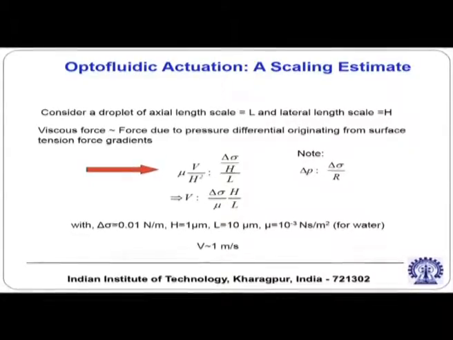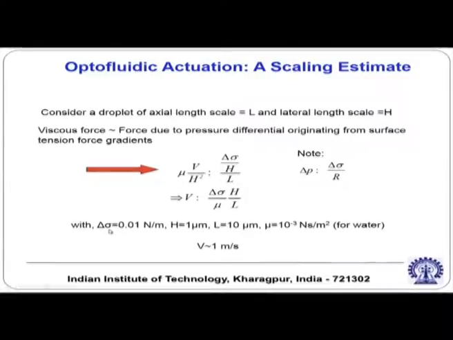So if you scale the viscous force with the surface tension force, these are orders of magnitude. The colon displayed wrongly in the slide is actually order of magnitude. So the viscous force scales with the surface tension force, and from that you can get a scale of velocity.